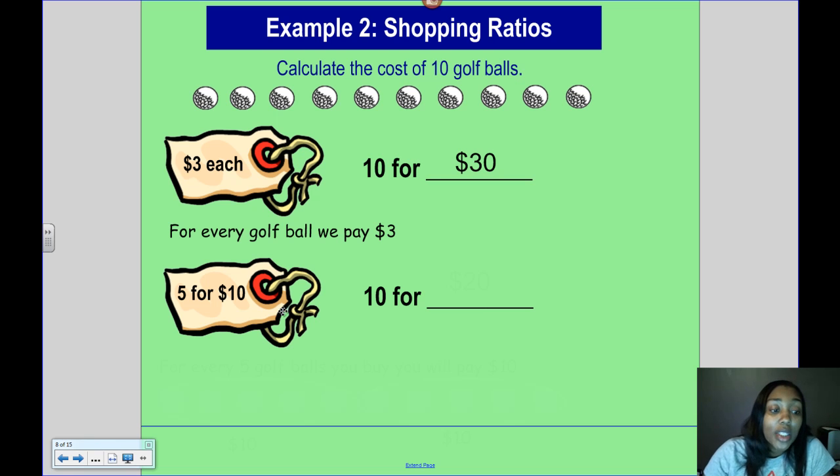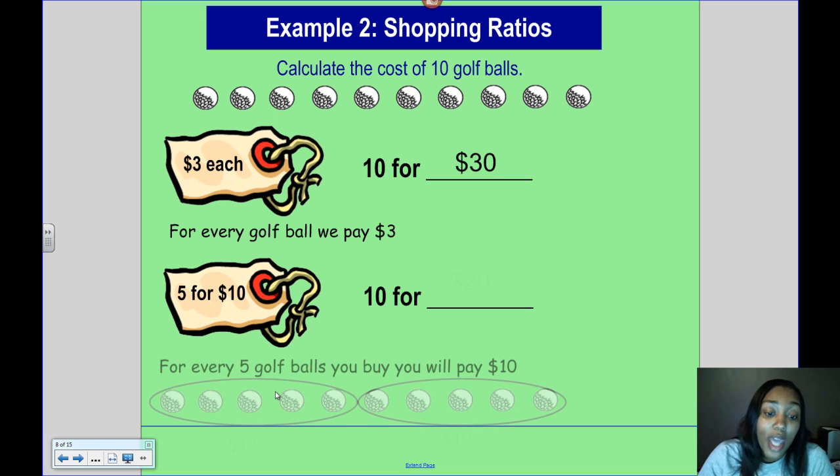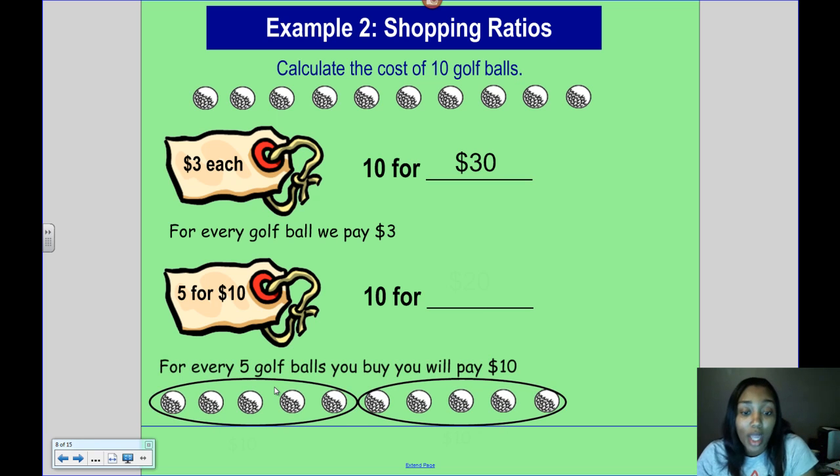So now let's look at this second example. So this is that we're going to pay $10 for 5 golf balls. So for every 5 golf balls that you buy, you're going to pay $10. Well, again, if we buy 10 golf balls, this group of 5, we're going to pay $10. And then this group of 5, again, we're going to pay $10.